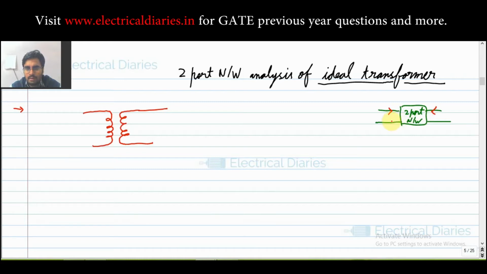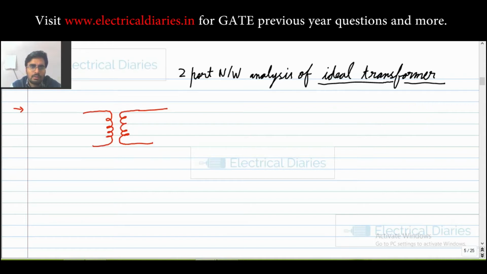Okay, and it's leaving like this. So that is the very standard basic model of the two-port network. You have to assume the currents by default coming inside the network. Okay, so I hope you know this much.